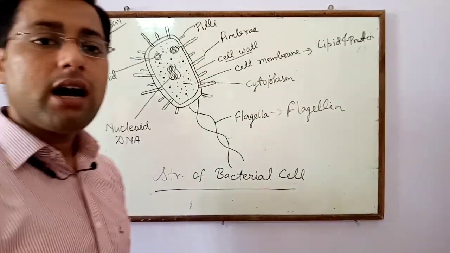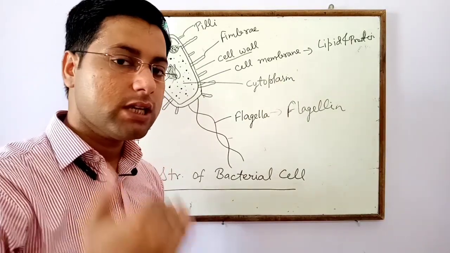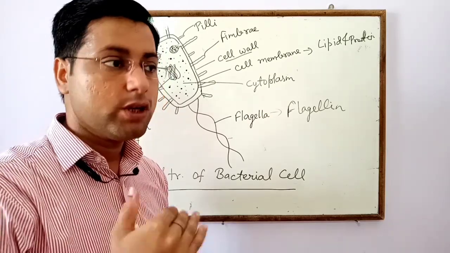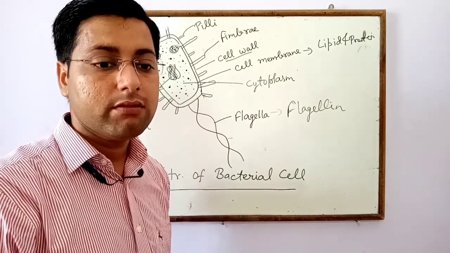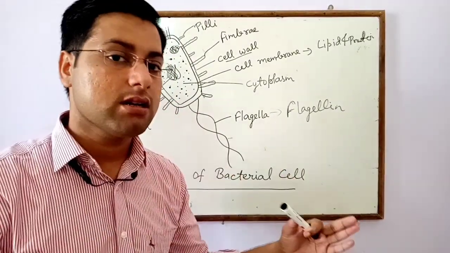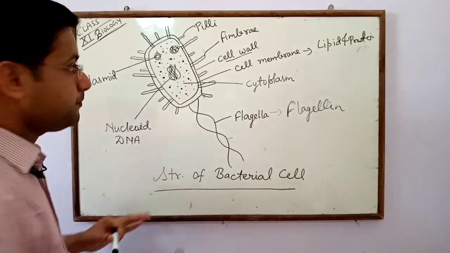All bacteria are microscopic, meaning we cannot observe the structure of a bacterial cell with the naked eye; with the help of a microscope we can observe it. So this is a microscopic structure.